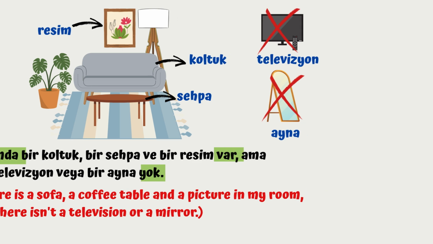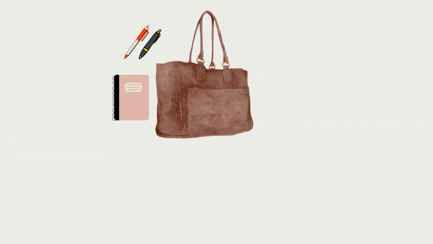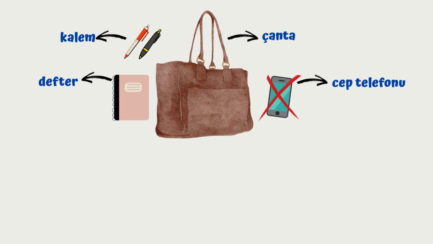So let's take a look at another context that we can use var and yok. And this is my çanta. So inside the çanta there is kalem, actually iki kalem, defter, but there isn't a cep telefonu.